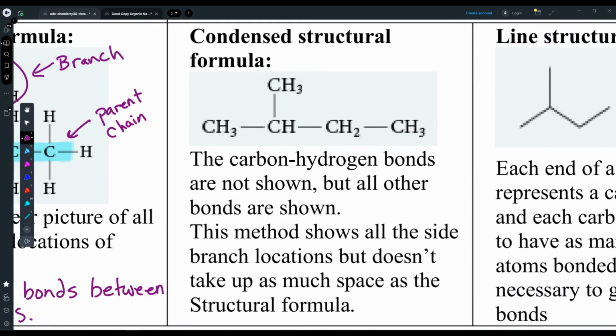So we're going to see the carbon to carbon bonds. We're going to see basically any bond between carbon and any other element besides hydrogen. Okay, this method shows all the branch locations, but the nice thing about it is that it doesn't take up as much space as the structural formula.